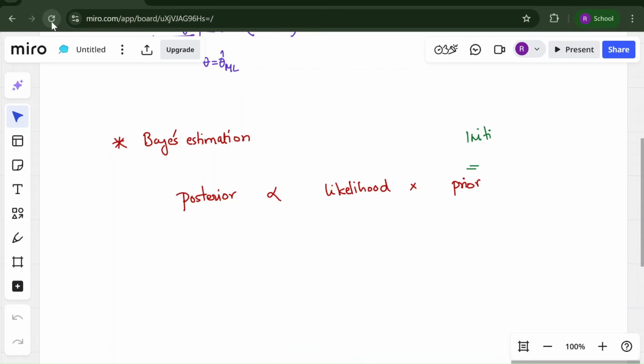Yeah, I think it's back. Cool. So the prior is the initial belief about our parameter.